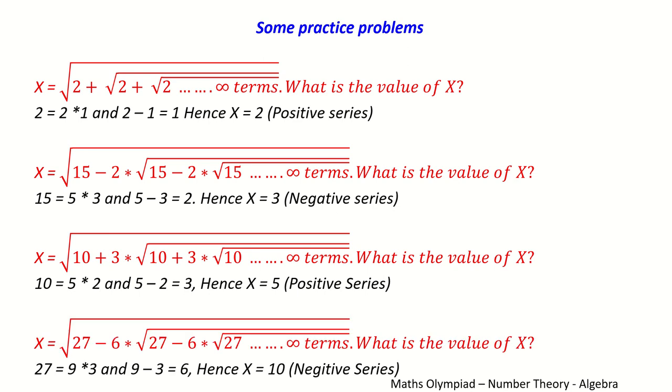Last in this, x equal to square root of 27 minus 6 into square root of 27 minus 6 into square root of 27, infinite terms. 27 has two factors, 9 into 3, and 9 minus 3 equal to 6. So it suits. Since it's a negative series, the answer is 3 here in the last problem.